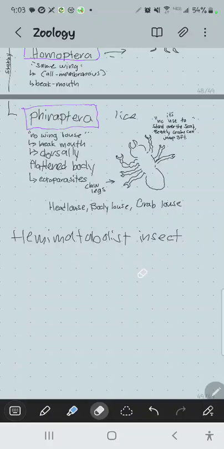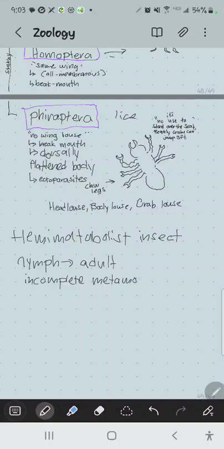The adult stage is where the wings pop out. This type of development is called incomplete metamorphosis, or hemimetaboly. Basically, the juvenile insect essentially looks like the adult, just without wings. So anyway, everything from here on, the Neuroptera is our first one.